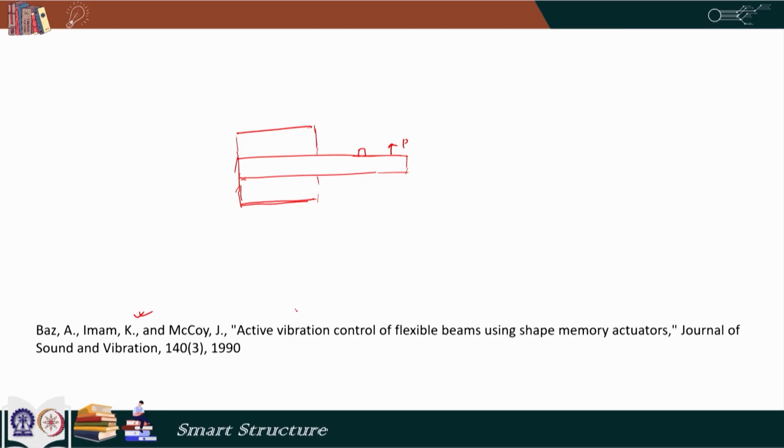The formulation given in this paper includes the bending stiffness of the shape memory alloy rods at the top and bottom also, and by giving thermal excitation to one of the shape memory alloy rods based on what the sensors sense, the vibration is controlled. The formulation can be seen in the paper.